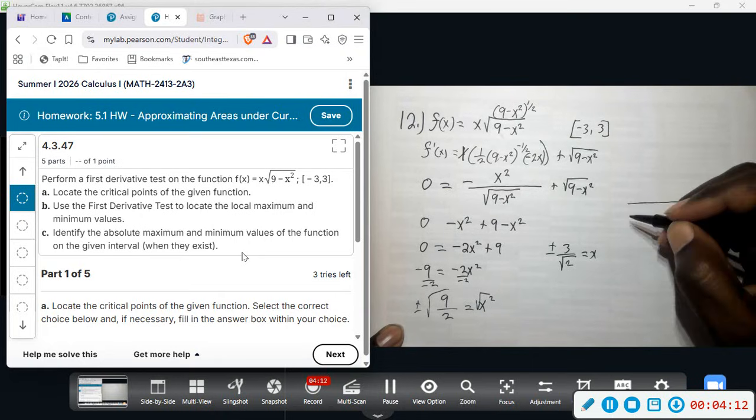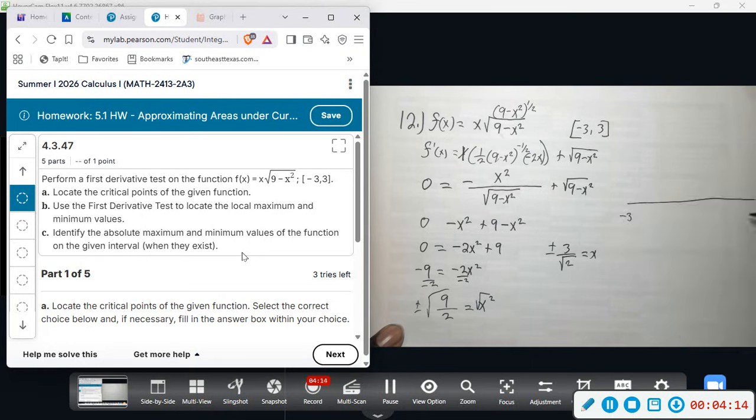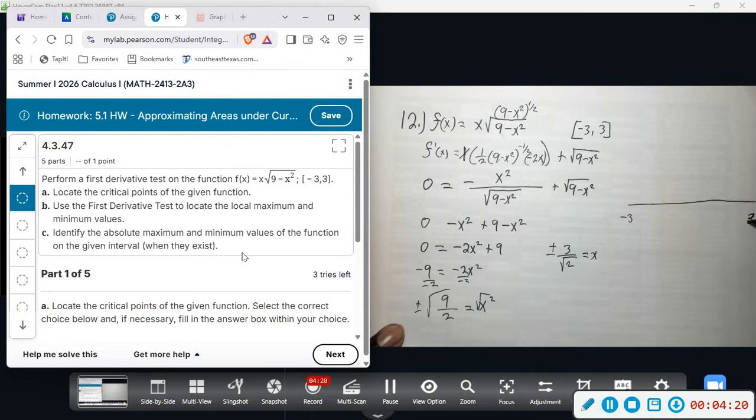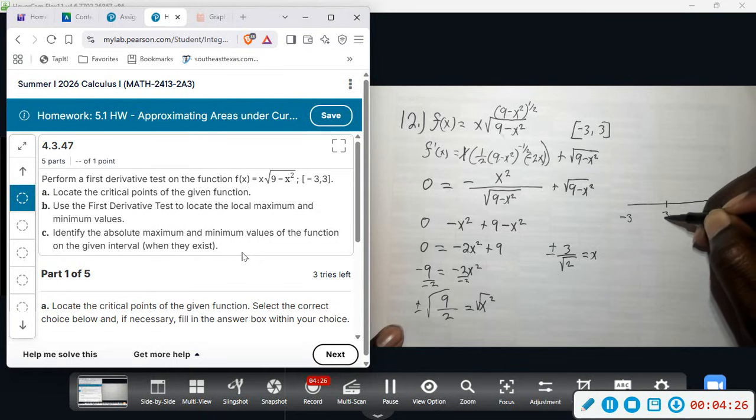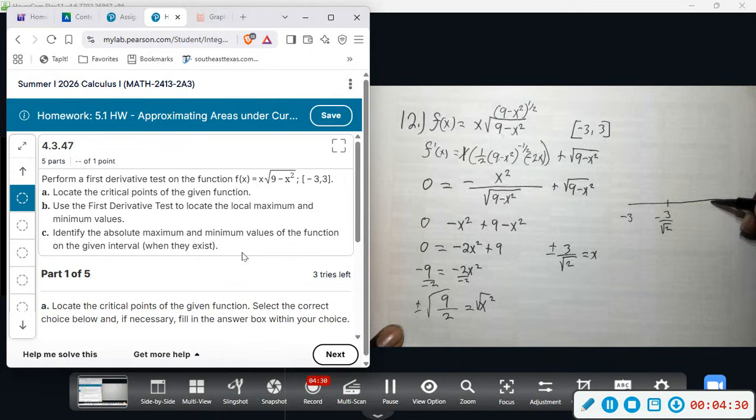On a number line, we will try to decide increasing, decreasing intervals, and then maximum and minimums. So we'll have a -3 over square root of 2. We'll have a +3 over the square root of 2.